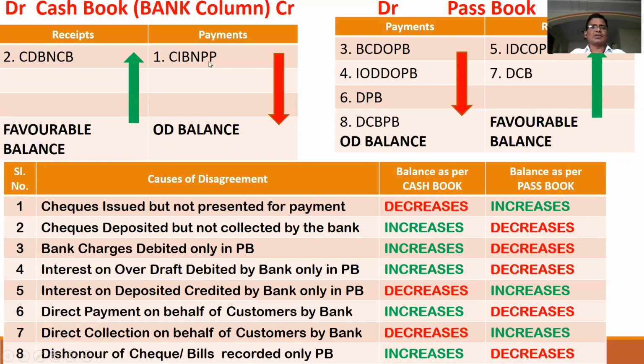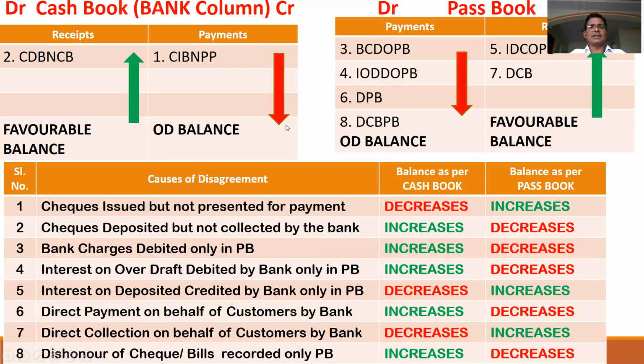So by this first point, what happens? The cash book balance decreases, which means the passbook balance increases. That is very, very important. What I'm saying: checks issued but not presented for payment. We had 20,000, we issued 5,000, so 15,000.